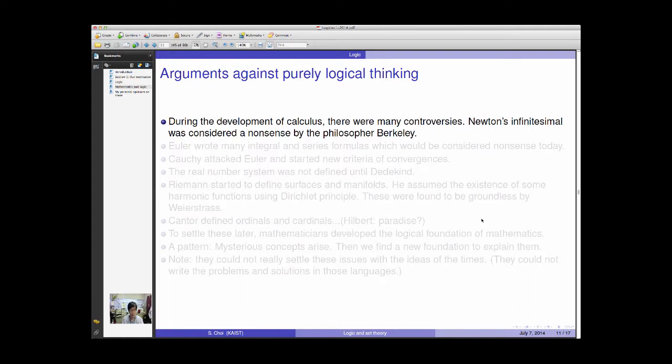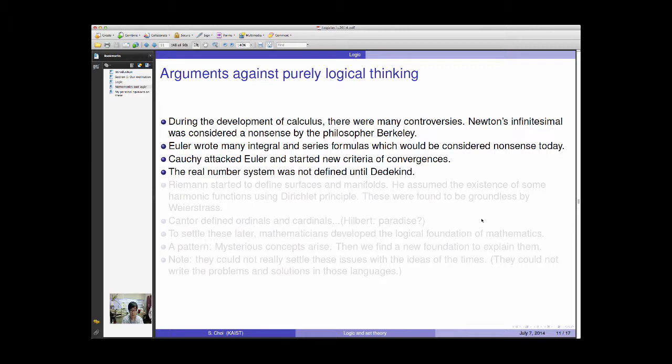Later, this was corrected by Cauchy and later mathematicians, and they changed the infinitesimal concept to the epsilon and delta argument that you see in analysis today. Also, Euler wrote many integrals and series formulas which could be considered nonsense today, and so Cauchy attacked Euler and studied many new criteria for convergence.